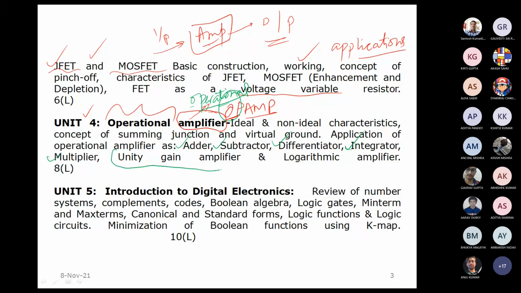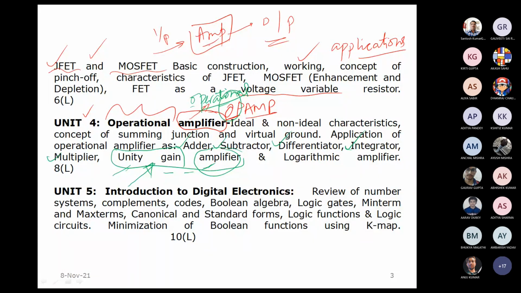Something called a unity gain amplifier is also there. Unity gain means the amplification is 1. So there is no increase in the strength of the signal, and input and output are both the same amount. This is again a kind of amplifier, and we still call it an amplifier, even though the gain is unity.